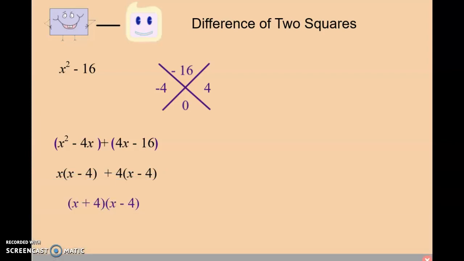And you'll notice that we end up with x plus 4, x minus 4. That middle term will completely disappear because x times x is x squared. A positive 4x and a negative 4x gives me 0, and 4 times a negative 4 gives me a negative 16.